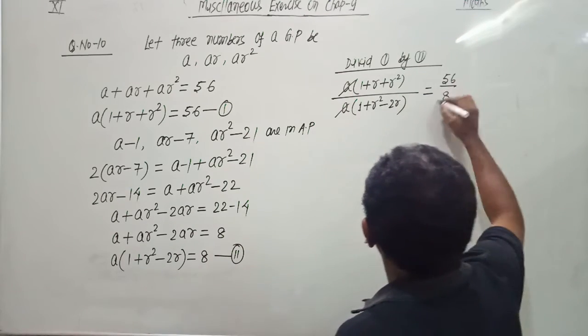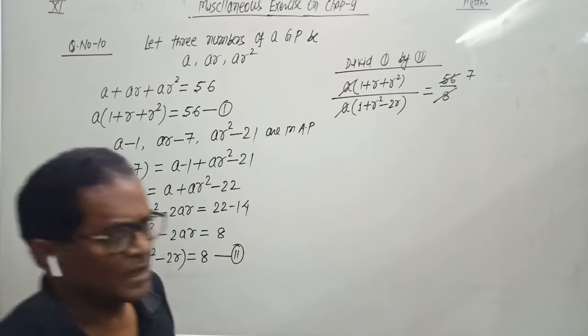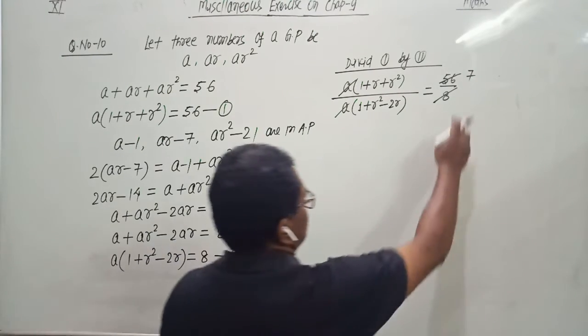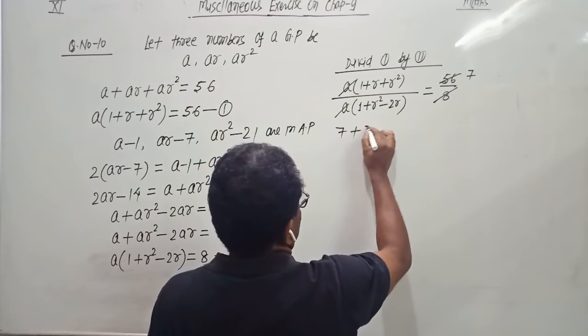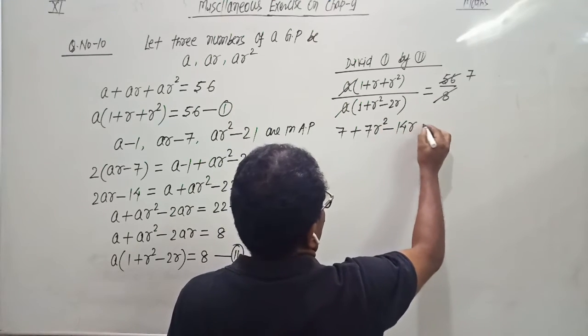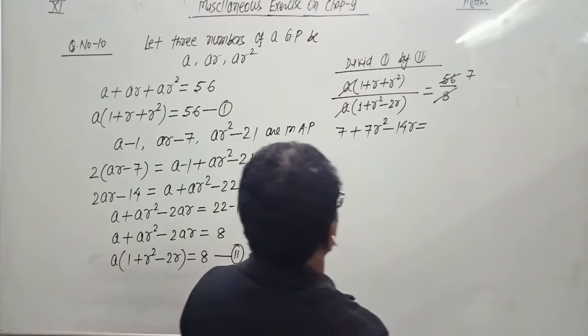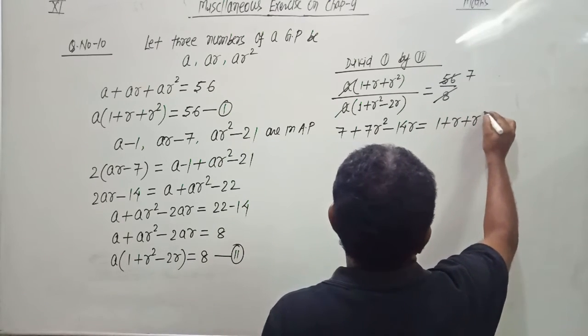A cancels and 8 sevens are 56, so we get 7. Now we do cross multiplication. 7 into 1 is 7, plus 7R square minus 14R equals 1 plus R square.